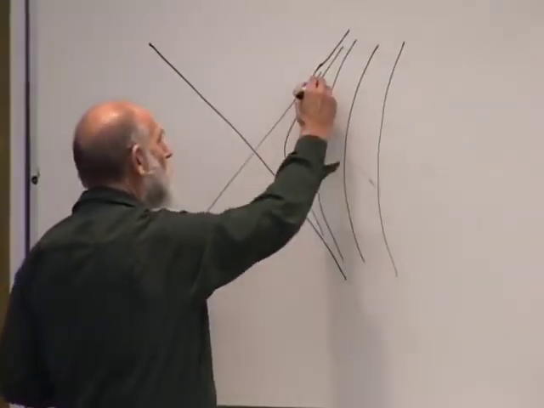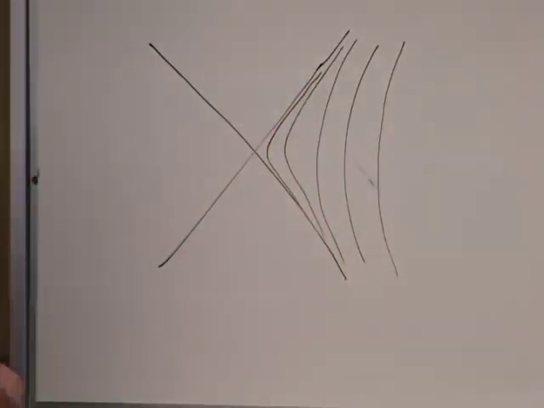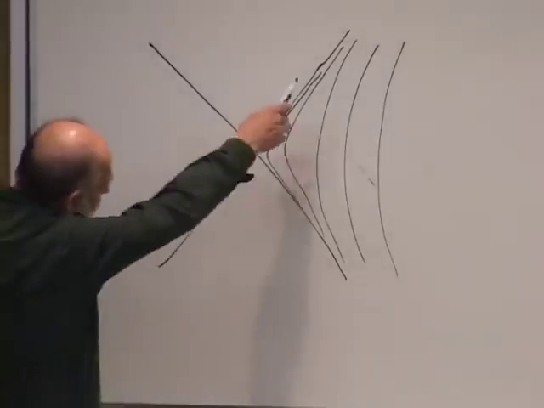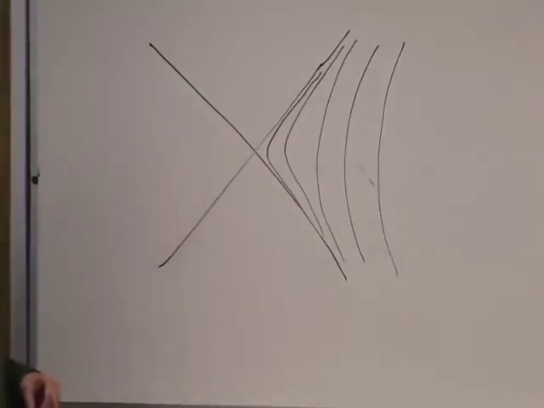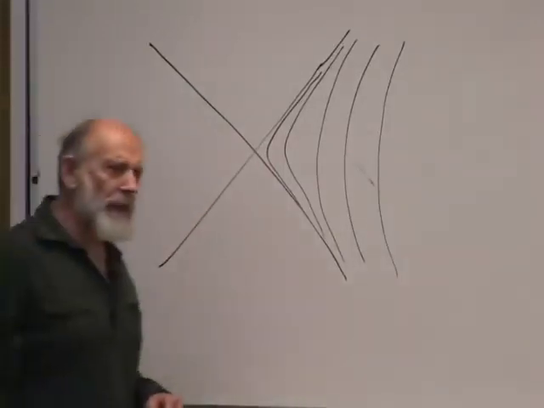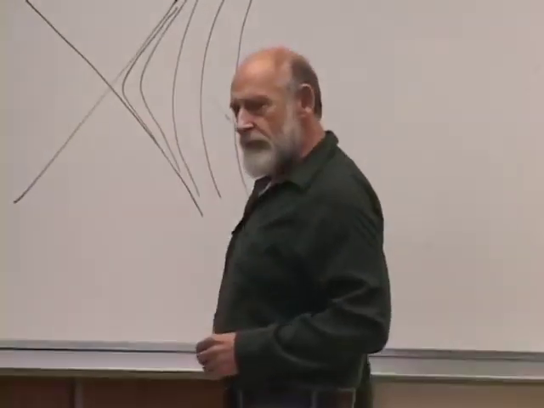As you get closer and closer to the light cone here, the trajectory has an increased acceleration, and you can see that from the fact that it has to turn the corner in a smaller amount of space. So it's not like an accelerated coordinate system in Newtonian mechanics, where everybody partakes of the same exact acceleration and all move off simultaneously, but rather the acceleration gets larger and larger as you move toward the light cone.